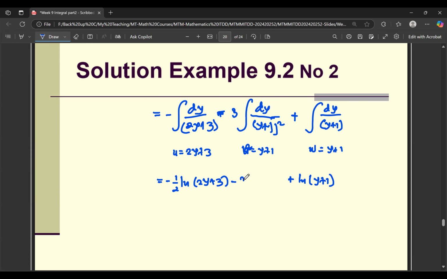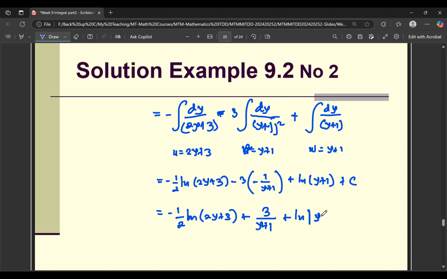This is 3 and minus 1 over y plus 1. So the last answer: minus a half natural logarithm of 2y plus 3, plus 3 divided by y plus 1, plus the natural logarithm of y plus 1, plus C.